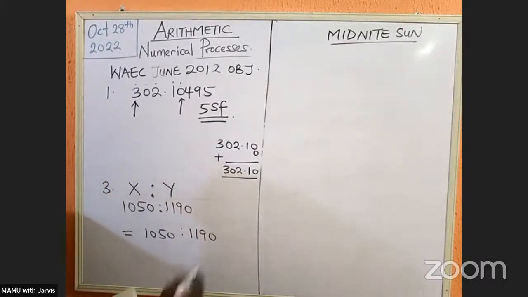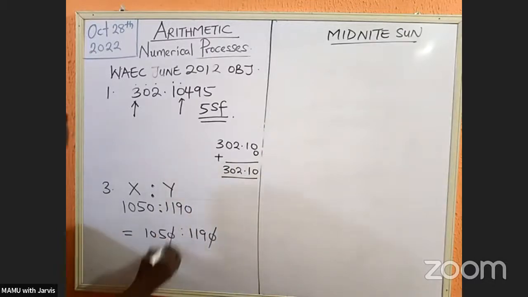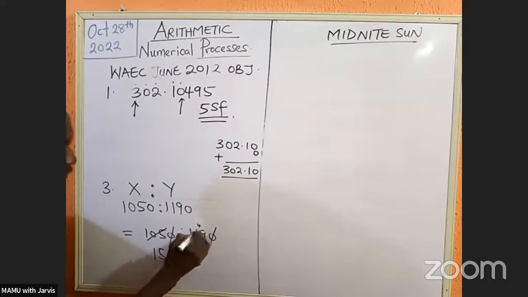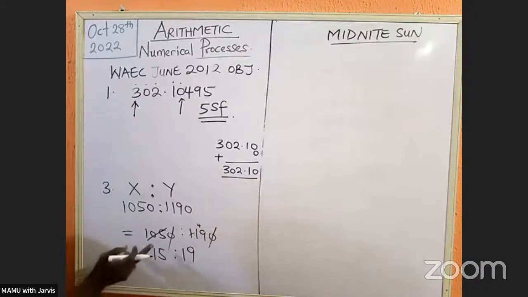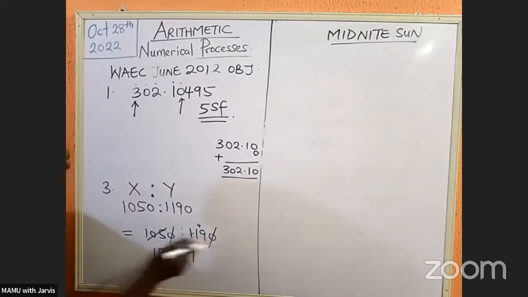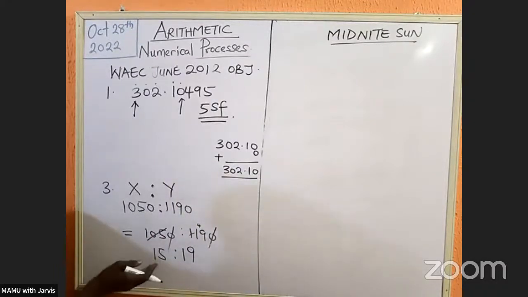Now what do we do? You divide by 10, is that not? What else can divide? 7 can divide this. 7 into 1,050 will give me 150, and 7 into 1,190 will give me 170. Dividing both sides by 10, the 0 cancels 0, so now I'm going to have 15 here and 19 here.